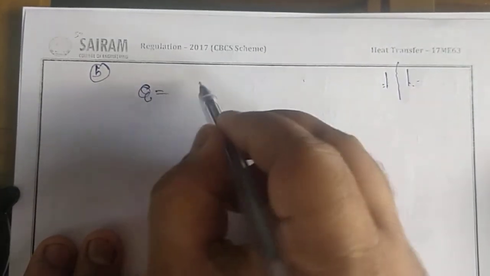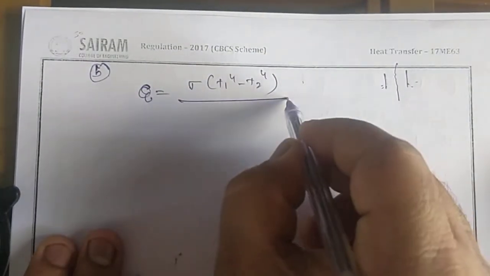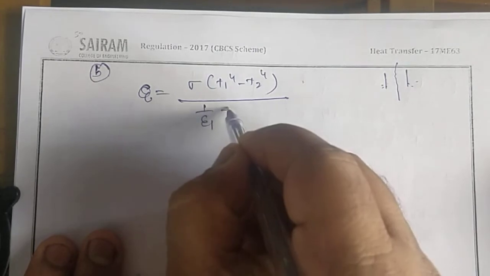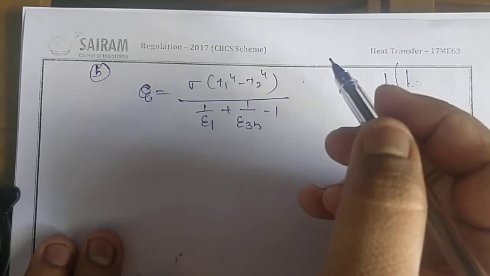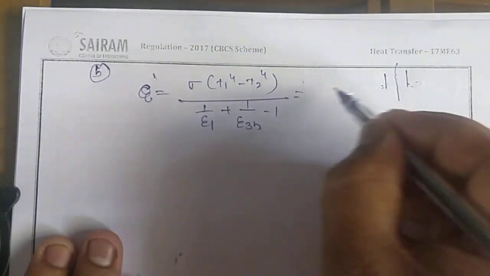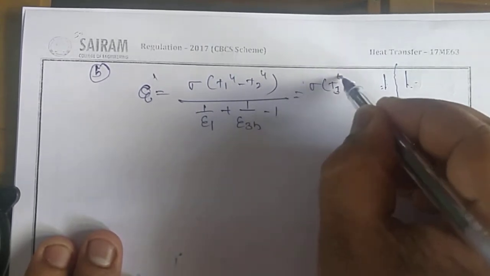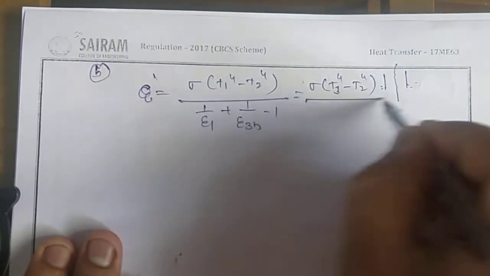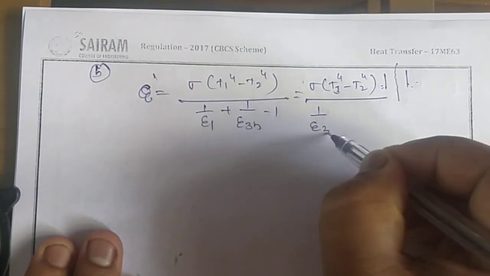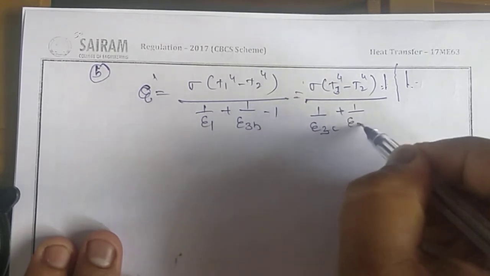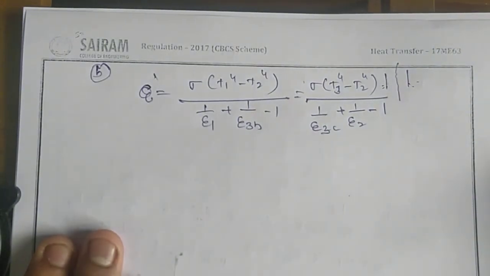Q is equal to sigma (T1 to the power of 4 minus T3 to the power of 4) divided by 1 upon epsilon 1 plus 1 upon epsilon 3H minus 1. Then Q dash is equal to sigma (T3 to the power of 4 minus T2 to the power of 4) divided by 1 upon epsilon 3C plus 1 upon epsilon 2 minus 1. This is the radiation shield kept between the two plates.